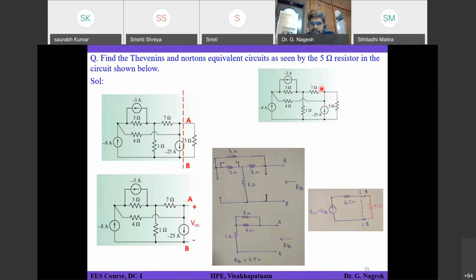You can also apply nodal analysis straight away. We have already applied it in the past. If you check, the nodal analysis method was already applied for this circuit in the previous examples. The current flowing through the 5 ohms resistor in that case and in this case will be exactly the same. This is for your better understanding.